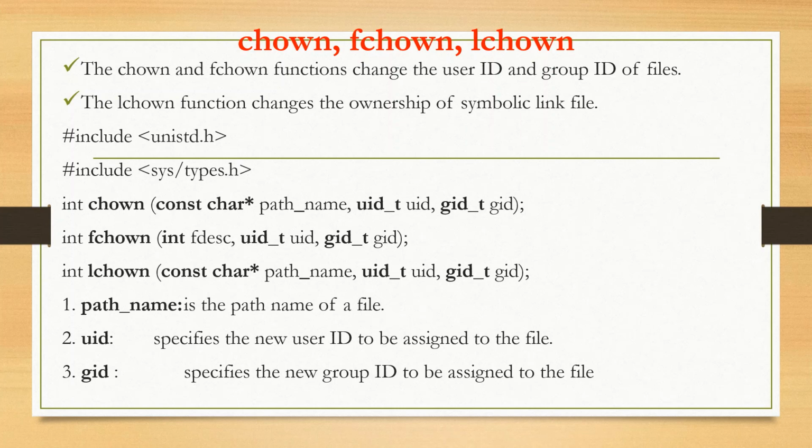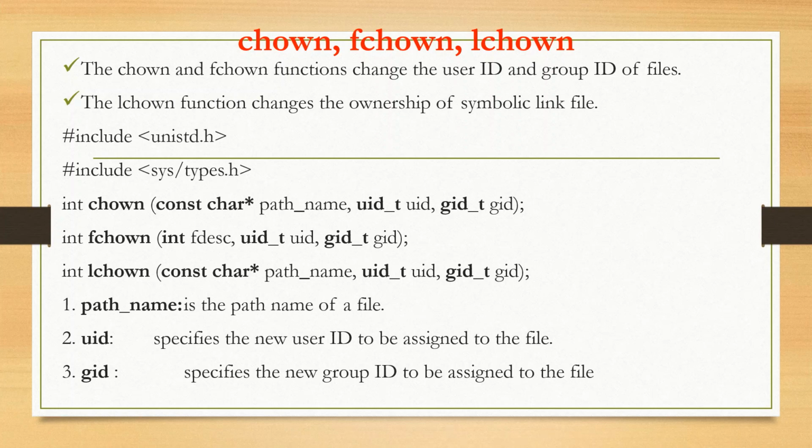Here we will discuss three different functions. The chown and fchown functions change the user ID and group ID of files. They differ only in their first argument, which refers to the type of file, either a path name or a file descriptor. The third function, lchown, changes the ownership of a symbolic link file, while chown changes the ownership of the file to which the symbolic link refers.